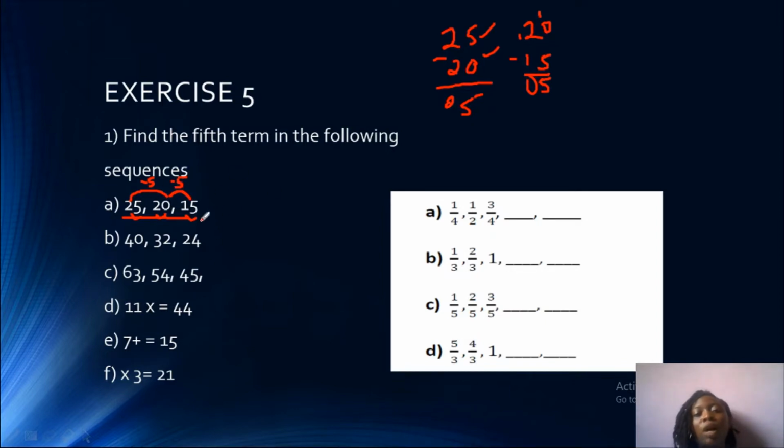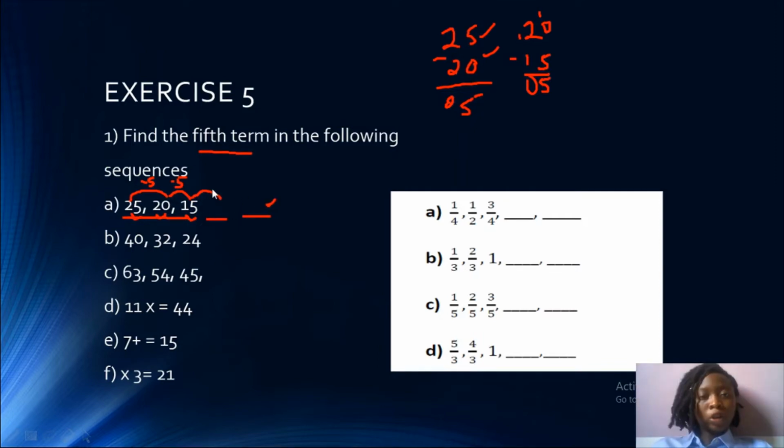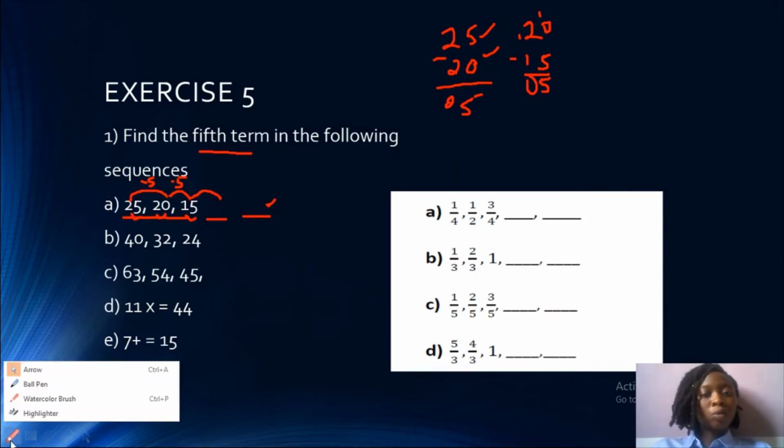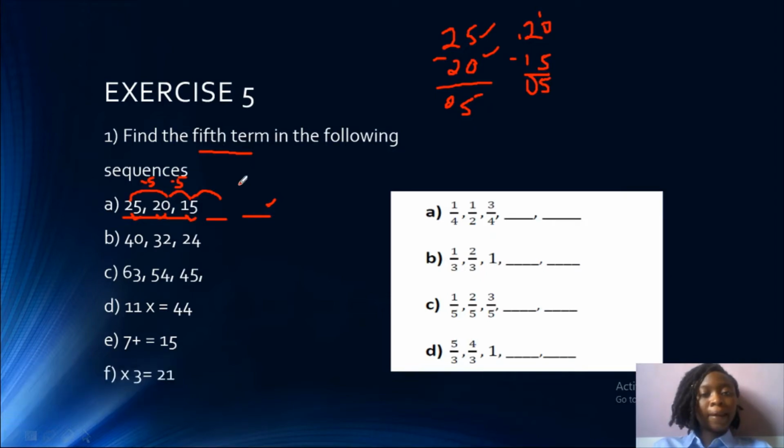Good. So now we can use the rule to complete the fourth term and the fifth term. So we've been asked to find the fifth term. We can't get the fifth term without finding the fourth term. Okay, so since our rule is now -5, we can now find the fourth and the fifth term. So 15 minus 5 will give us the fourth term, which is 5 minus 5 is 0.